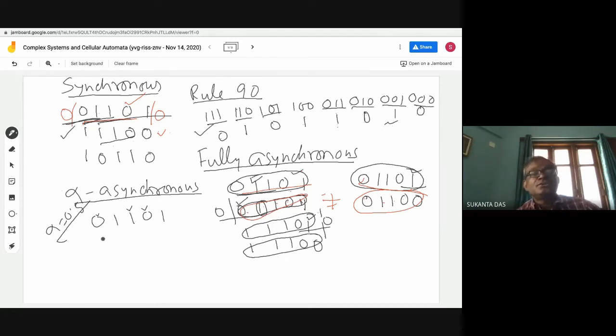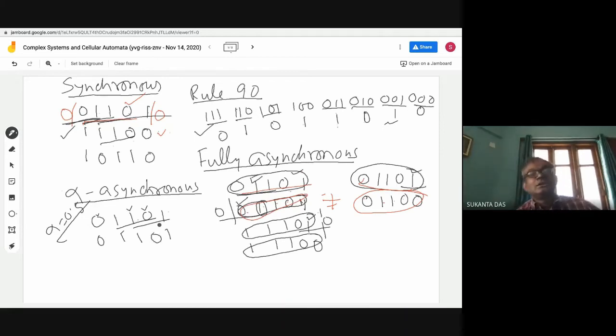Firstly, the state of these three cells will remain unchanged. But here I have to consider these two cells. First 1, 1, 0. For 1, 1, 0, it's 1. It's okay. And 1, 0, 1. For 1, 0, 1, it's okay.